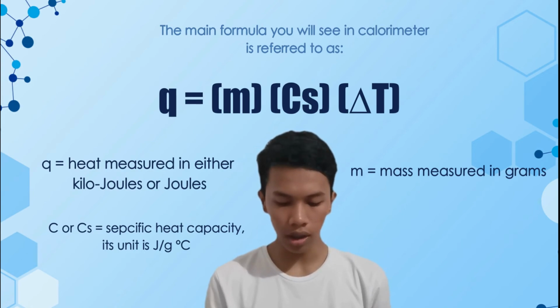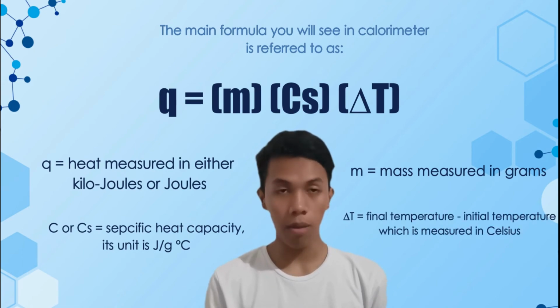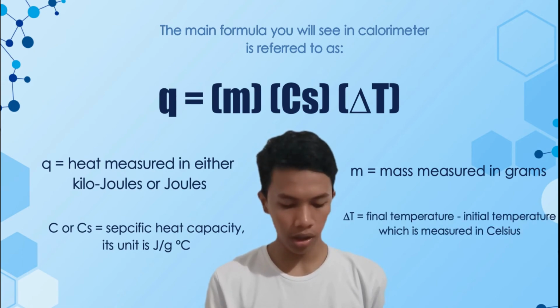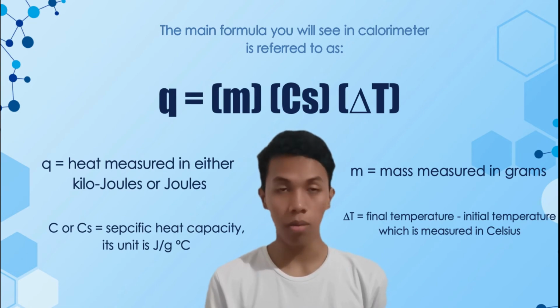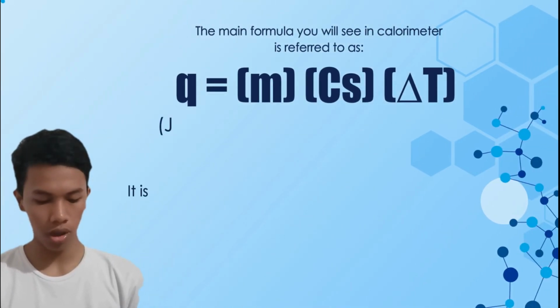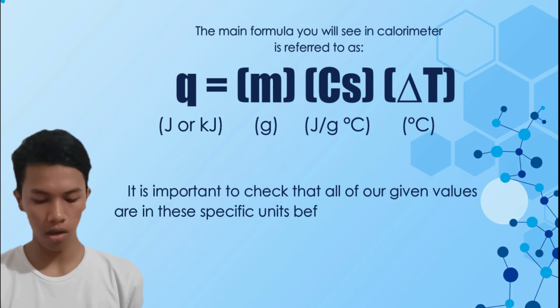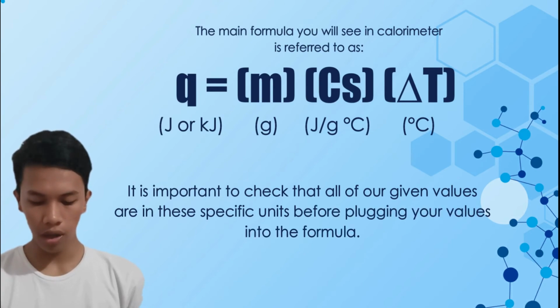Its unit is joules per gram Celsius. And our delta T is the change of temperature, which is our final temperature minus our initial temperature, measured in Celsius. It is important to check that all of our given values are in these specific units before plugging your values into the formula.